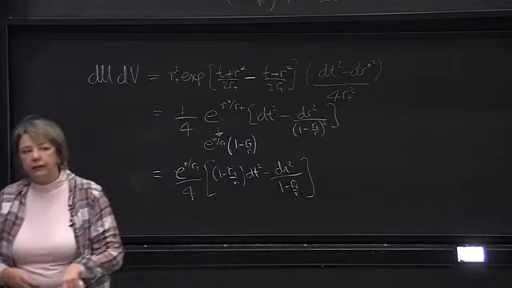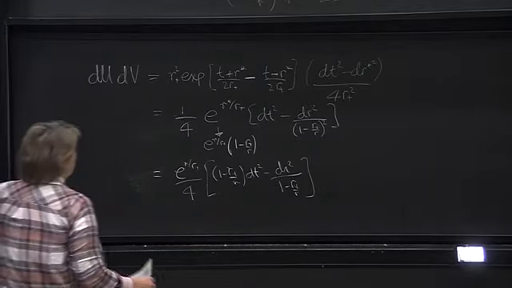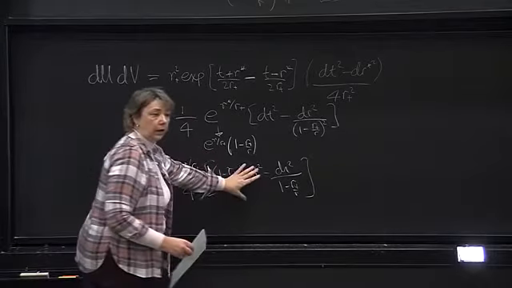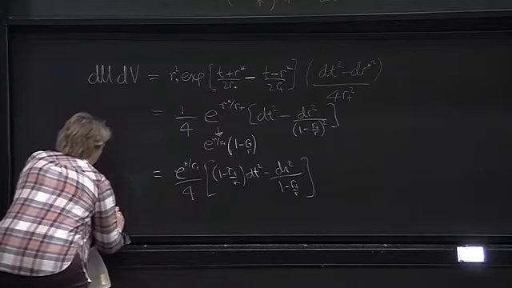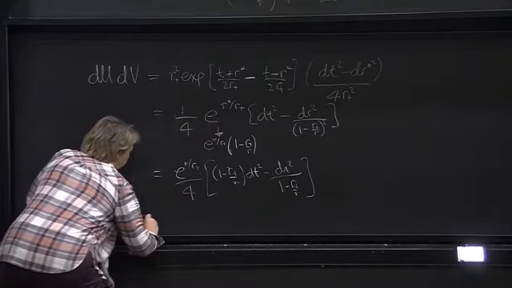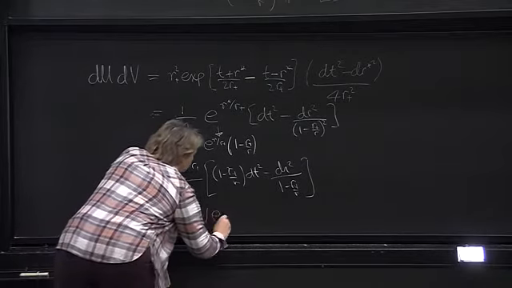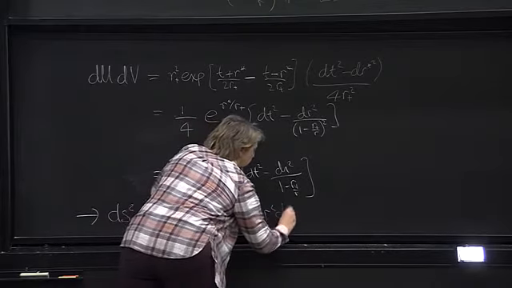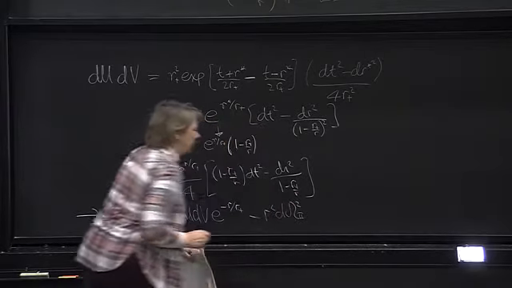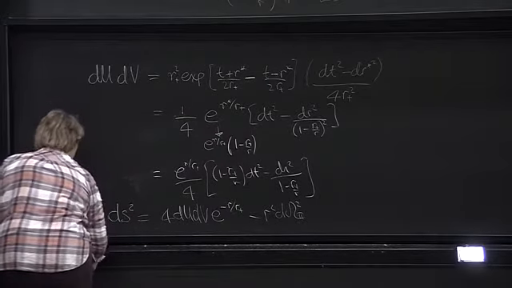So we've now managed to construct a new coordinate system, capital U and capital V, that has no problem at r equals r plus. So our full metric is what I've written at the bottom there. So this is our full metric.